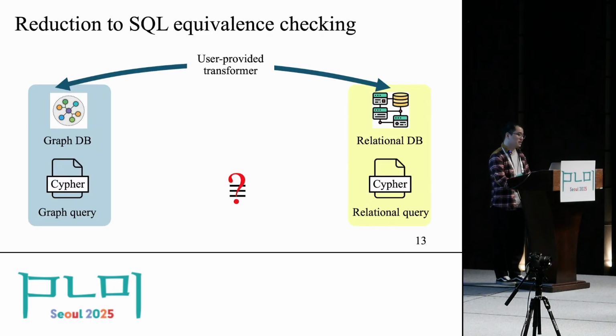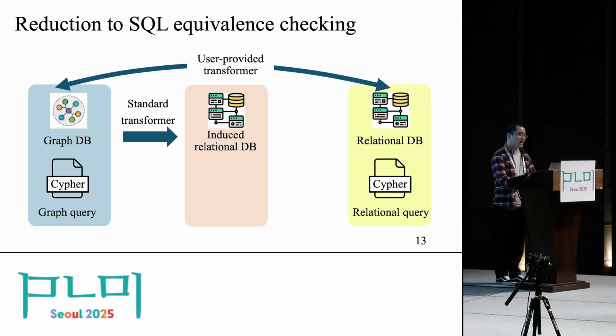More concretely, here is how our method works. The original verification task aims to verify equivalence between graph and relational queries. Since this direct verification problem is challenging, we reduce it to a well-studied problem, sequence checking. Our method first derives a so-called standard transformer to convert the graph database into an induced relational database.